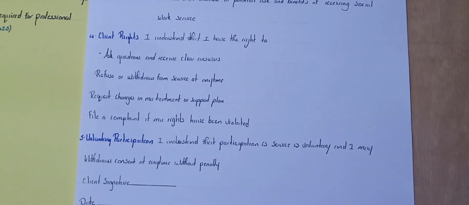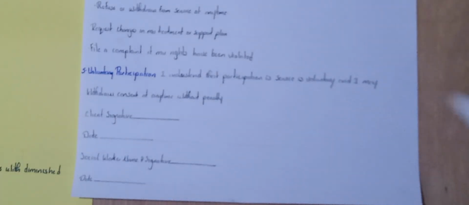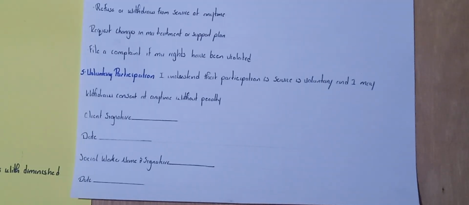Voluntary participation. The form also contains voluntary participation. If you want to voluntarily participate, it's up to you, or if you don't want to, it's also up to you. And so those are some of the information that it contains.